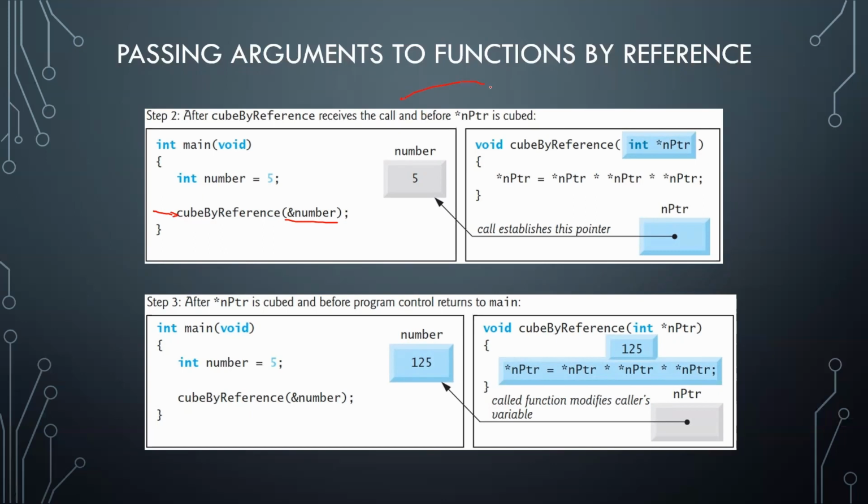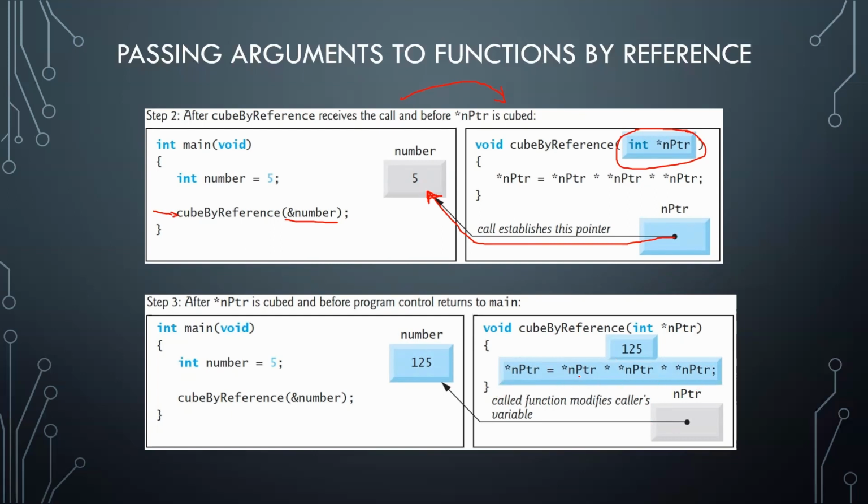So when we come into the function, we have the address location of the original. My n pointer is referring to this original memory location. Then we're going to do n pointer equals n pointer times n pointer times n pointer.